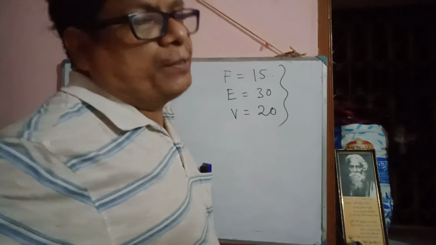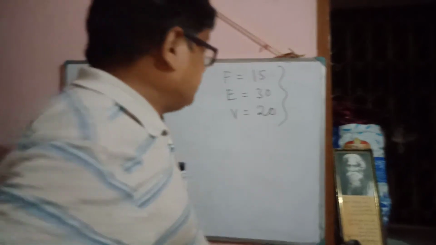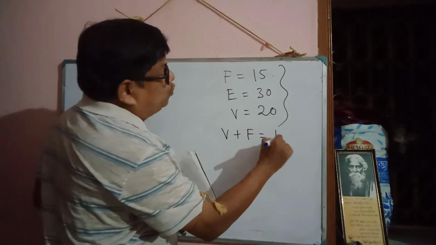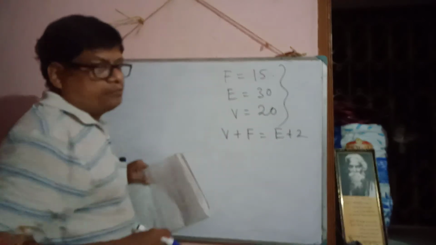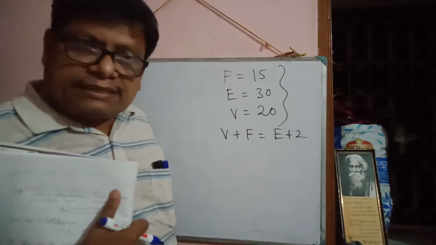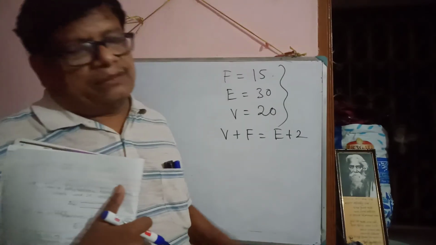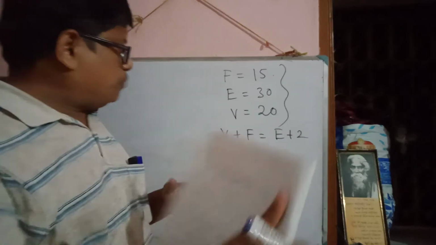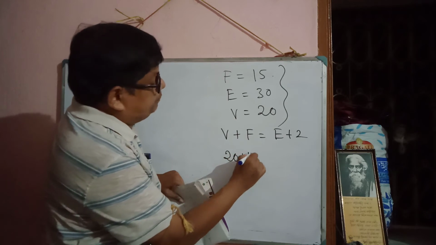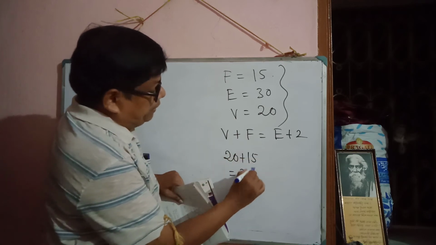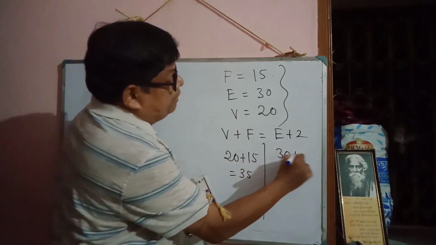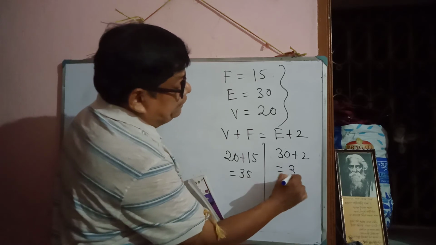All of you know Euler's formula, already discussed, no? So we know V plus F equal to E plus 2. If this relation is satisfied, then we can say yes, otherwise the answer is no. So V plus F is 20 plus 15, here will be 35. And E plus 2 is 30 plus 2, here 32.